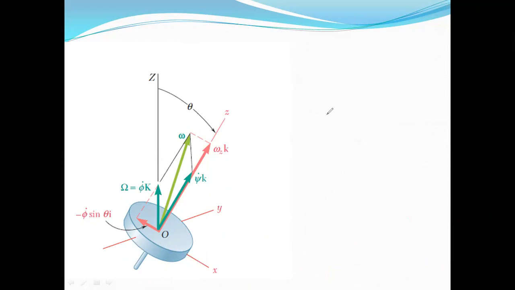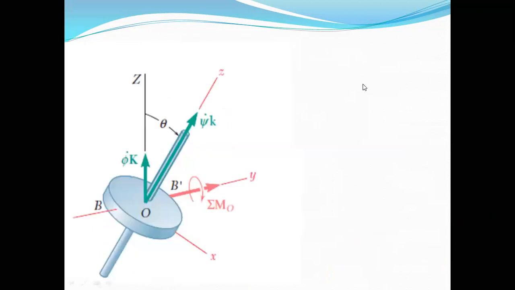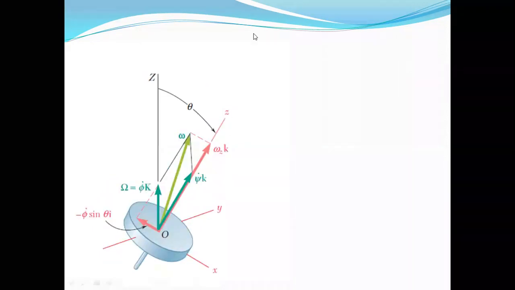Let me first go back to the previous equation and talk about it. In this diagram, we have just now written that the total angular velocity omega is equal to minus phi dot sine theta I cap plus omega z k cap.